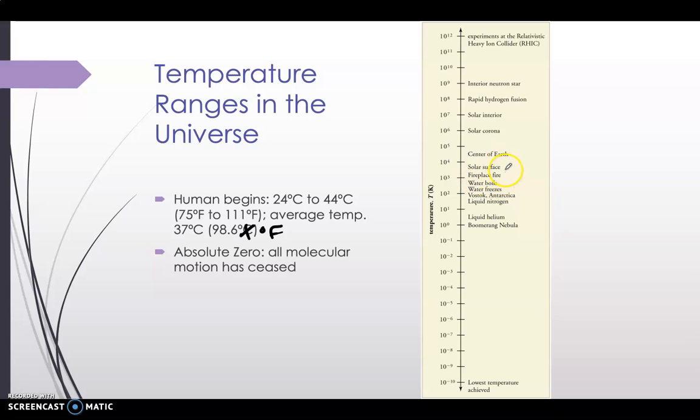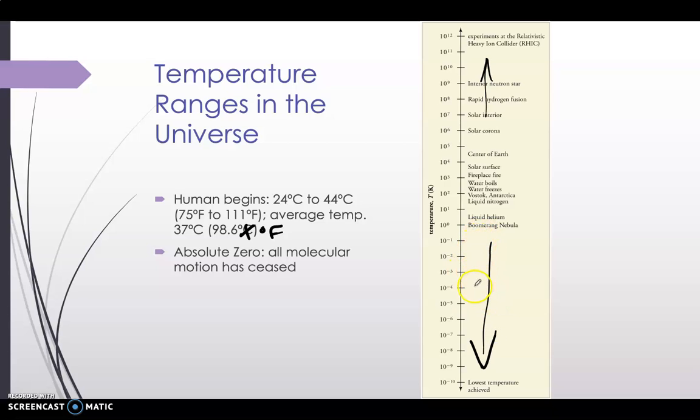We have solar surface, the interior of the sun, solar corona, solar interior, and so forth. Okay, so we've got temperature rising in this direction. And we can also go into this opposite direction, okay, where it gets very, very cold.